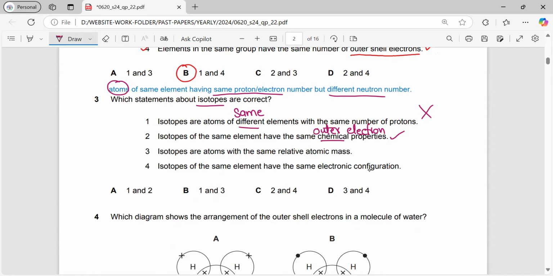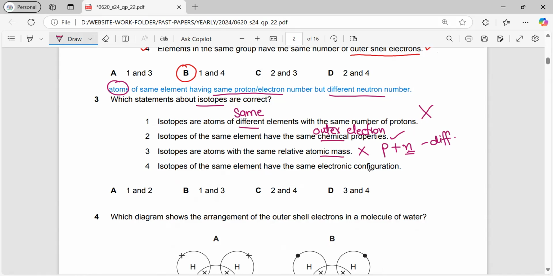Isotopes are atoms with the same relative atomic mass. Is their atomic mass the same? No, because atomic mass is the combination of proton plus neutron. And if the neutron numbers are different in the isotopes, that means their atomic mass will also be different.